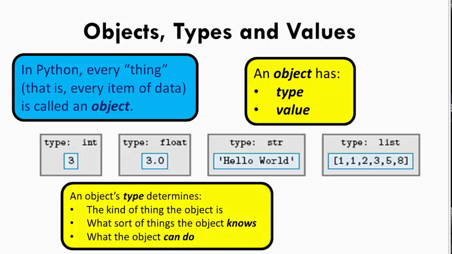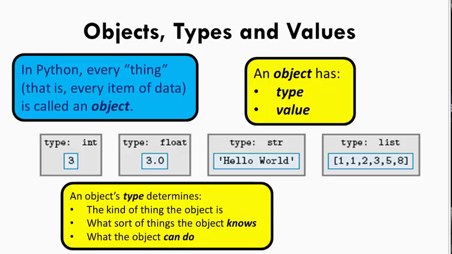An object's type determines what kind of thing the object is. That means that the object's type determines what kind of things the object knows and what kinds of things the object can do. For example, an integer or a float knows its number and can do arithmetic with other ints or floats.